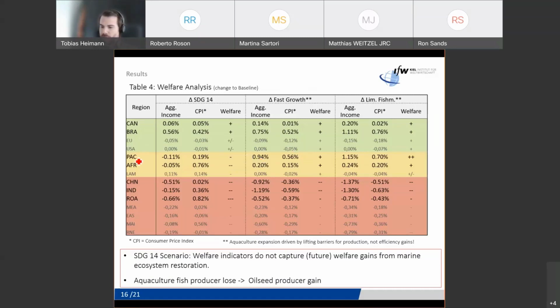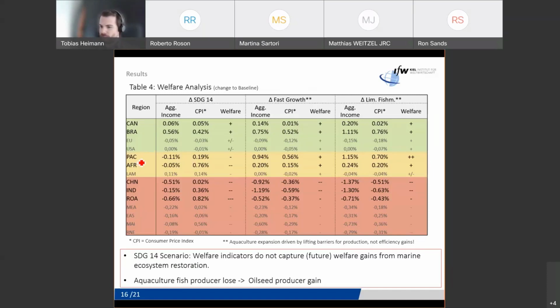Then Paraguay, Argentina, and Chile, sorry. Here we see a decrease in aggregated income and an increase in the consumer price index in the SDG 14 scenario, because here the losses from reduced capture fisheries are stronger than the gains that this region has from increased fodder production to substitute the fish meal, which is the fish meal quantity that is reduced because we reduce the capture fish quantity.